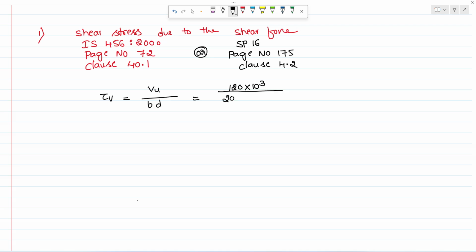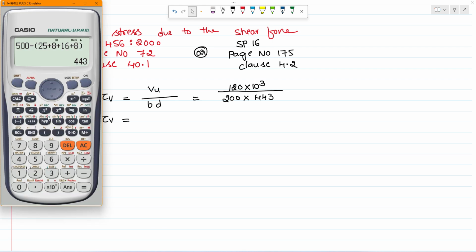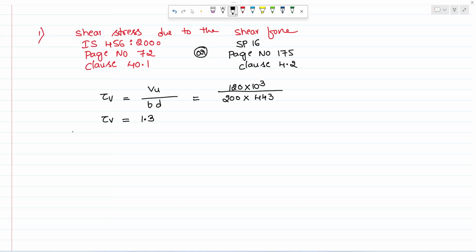Width of the section 200, effective depth of the section 443. So tau v is 120 into 10 power 3 divided by 200 into 443. So tau v will be 1.35 Newton per millimeter square.